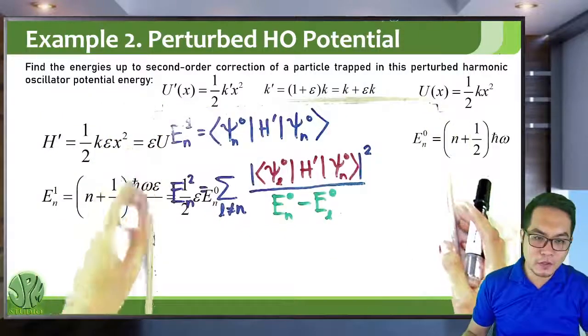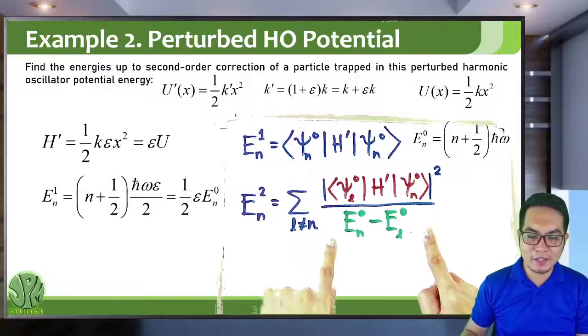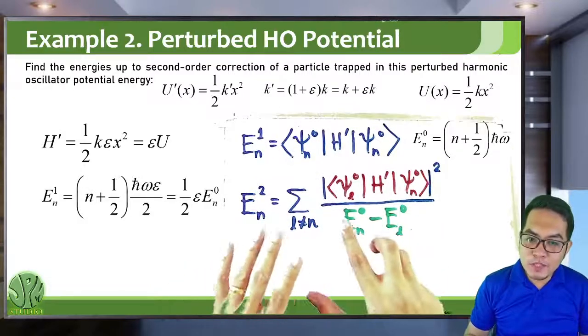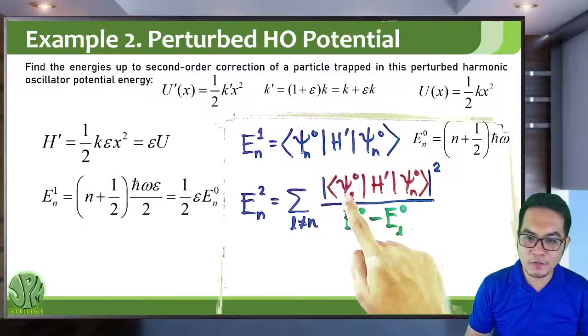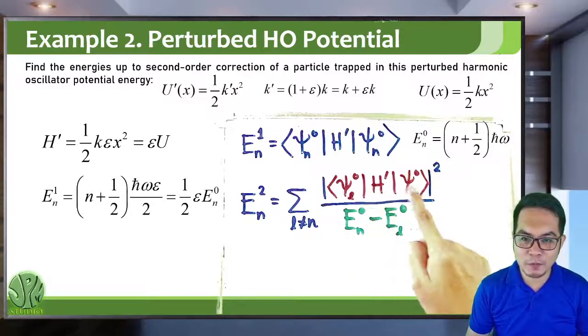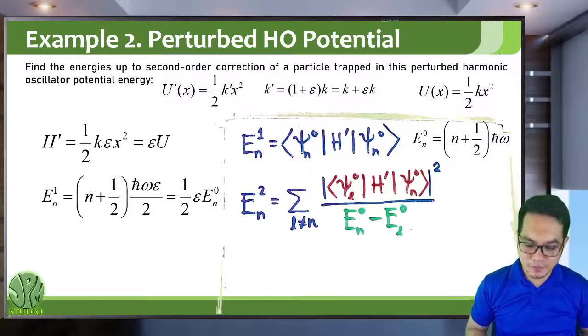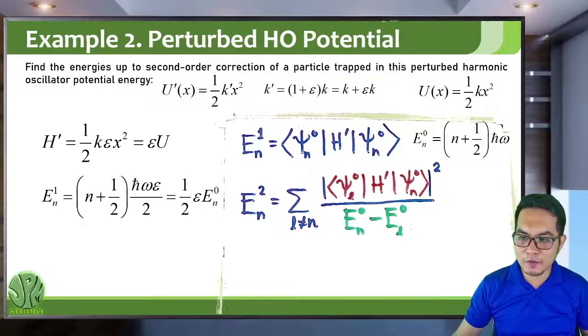For the second order correction in energy, we need to use this equation. And again, as I have advised you earlier, you don't need to solve this directly. You first solve this expectation value of H prime, and then the energy difference in the denominator. So let's first start with the expectation value of H prime.